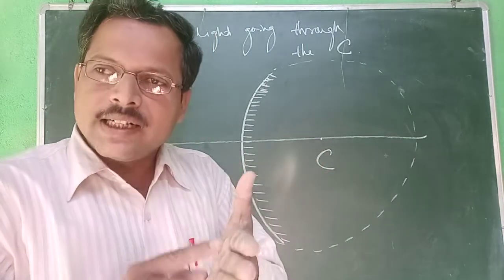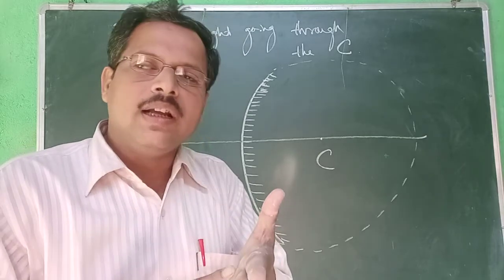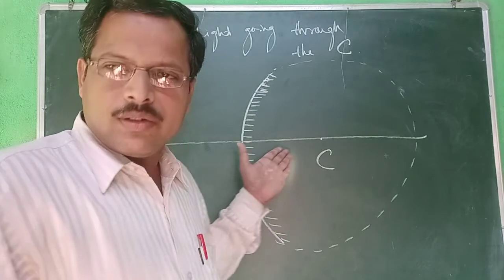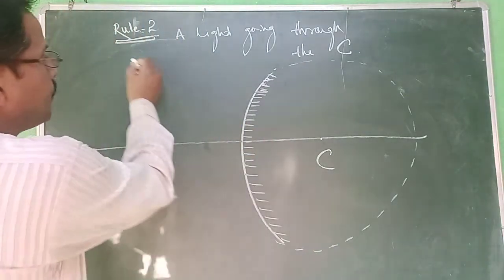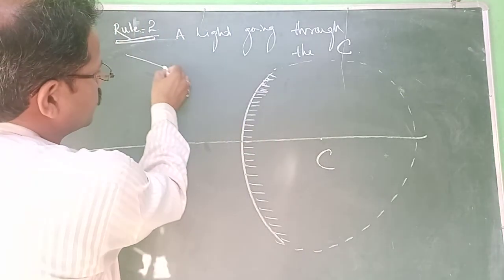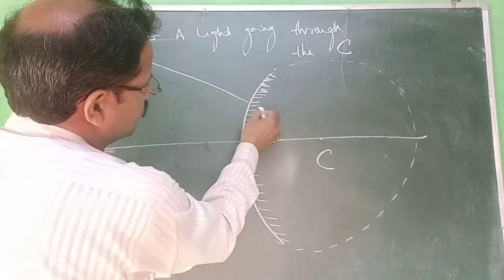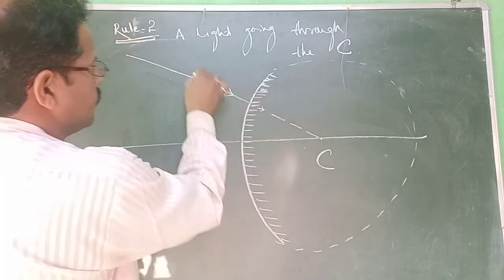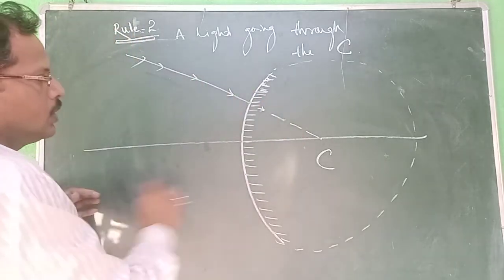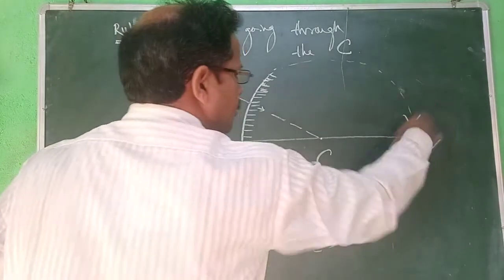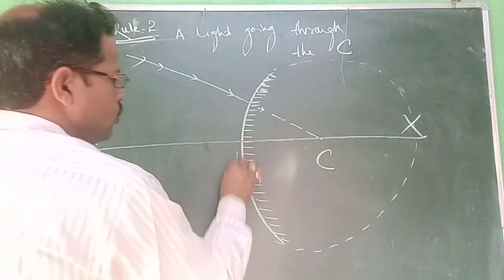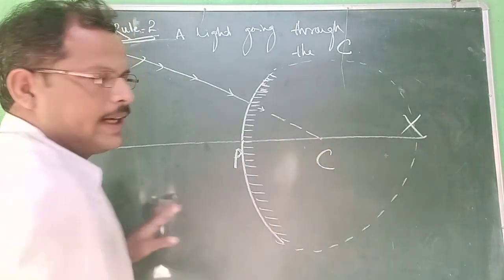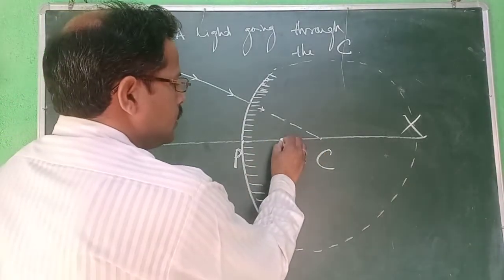Or the incident ray and the reflected ray follow the same path. The same thing also here, when a ray of... Okay, this is our principal axis, this is the pole, this is the center of curvature, and you know the focus point must be in between.